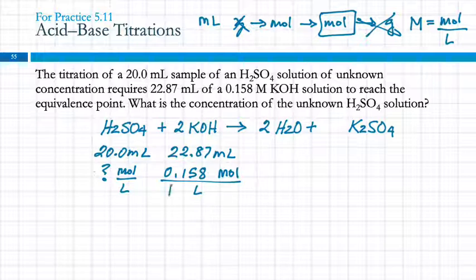That means there's 0.158 moles of that in 1 liter. Is that going to be changed if I put milli in the top and milli in the bottom? No. Because the millis cancel out. It's still the same number, right?